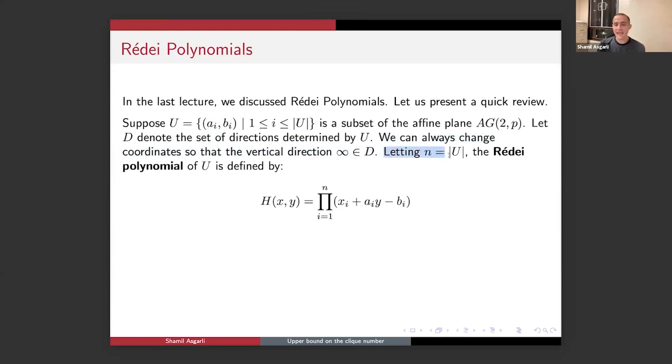Now, letting n be the size of the set I'm interested in, the Rédei polynomial of U is defined by the following object.